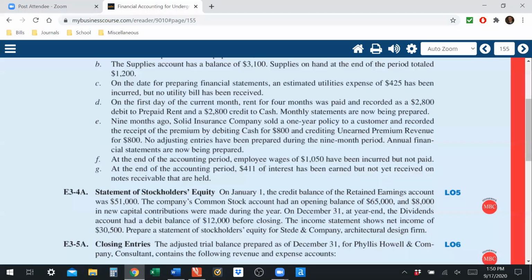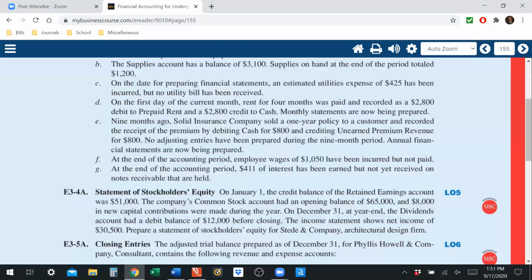From this standpoint, 9 months ago, we, Solid Insurance Company, sold a 1-year insurance policy to a customer, and they paid us $800. That happened 9 months ago. They paid $800 for the right to be insured for 1 year, for 12 months. And from the standpoint of right now, that happened 9 months ago.